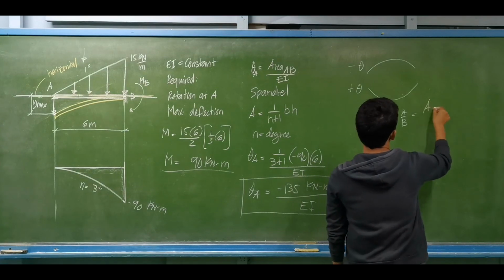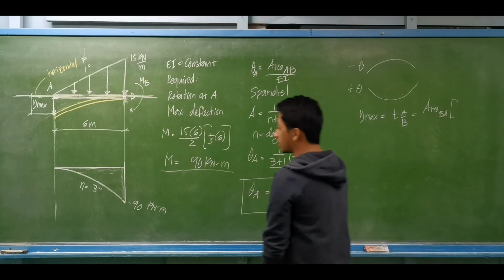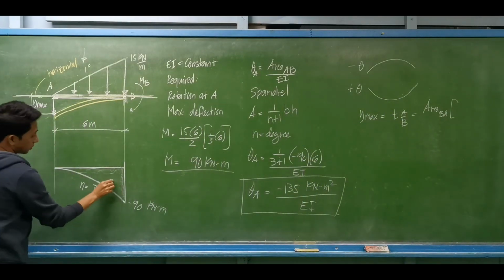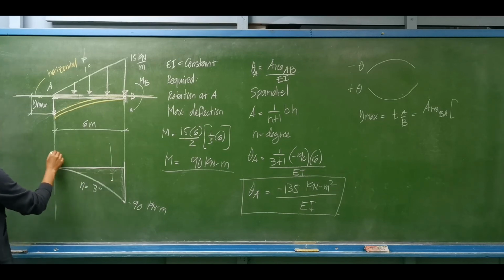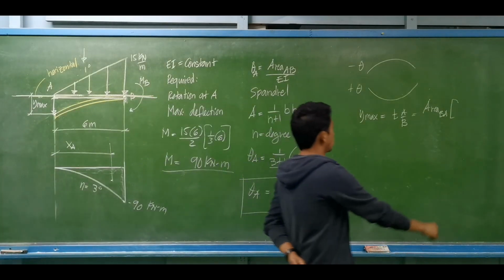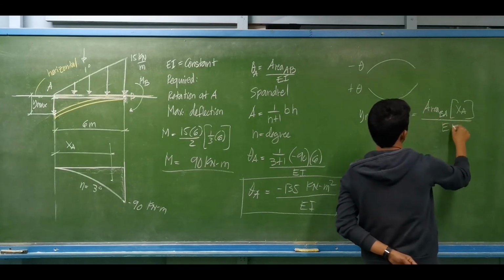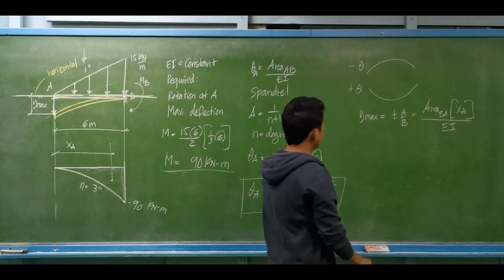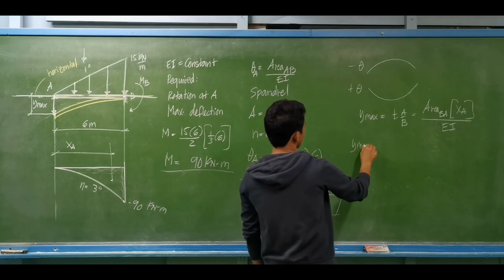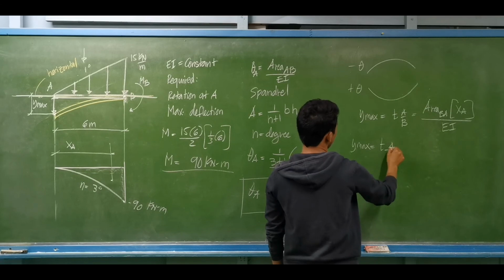It is equal to the area of the moment diagram from B to A, multiplied by the distance of the centroid of this moment diagram towards point A. So this is what we will use: x of A, all over EI. Okay, so let's compute. Y max is simply equal to the deviation from B to A.